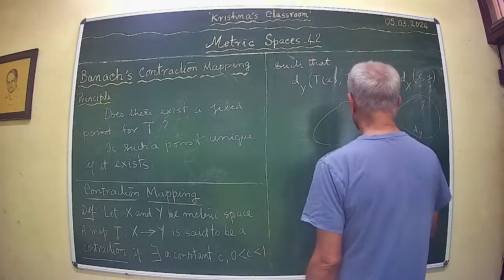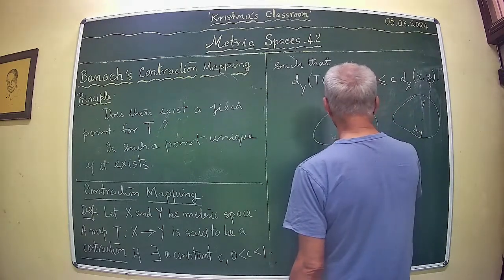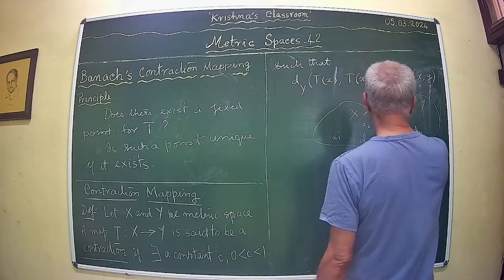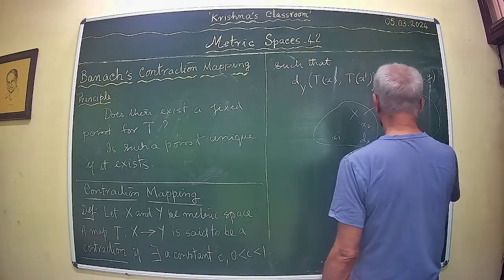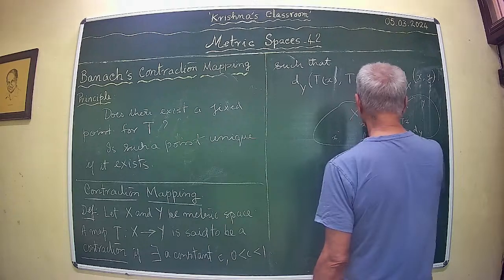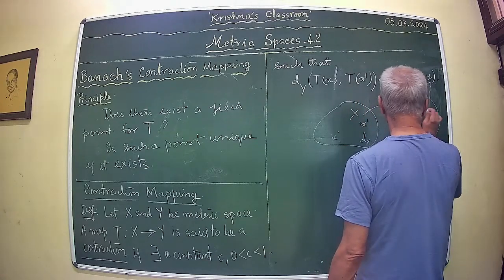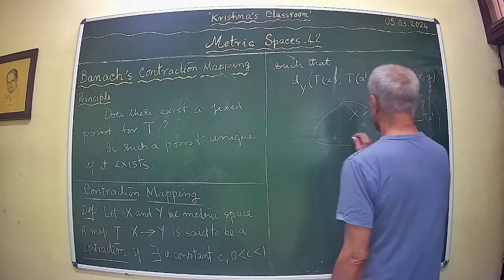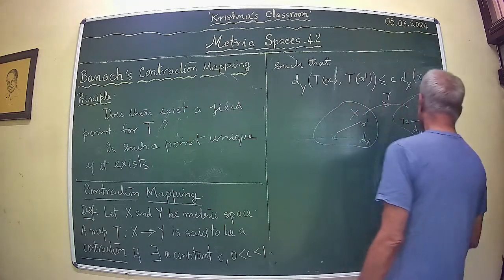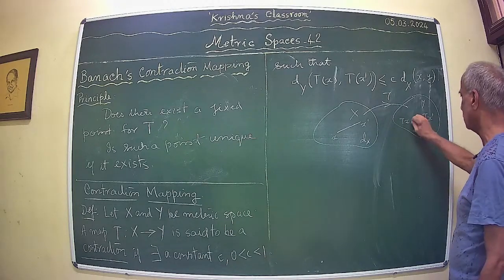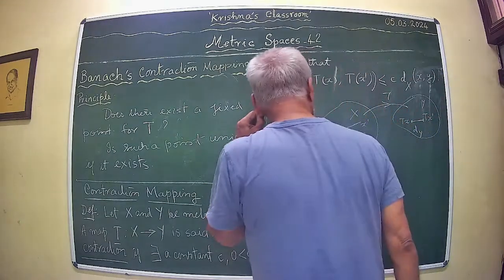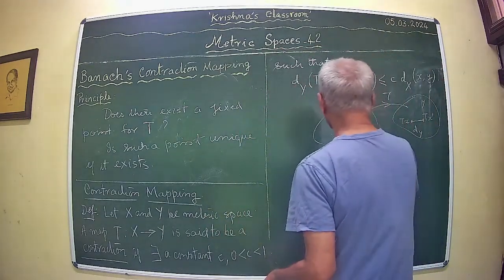If you take 2 points x and x prime, and this is the map T, this is Tx and Tx prime, the distance between x and x prime is greater than the distance between Tx and Tx prime, or the distance between Tx and Tx prime is strictly less than the distance between x and x prime.